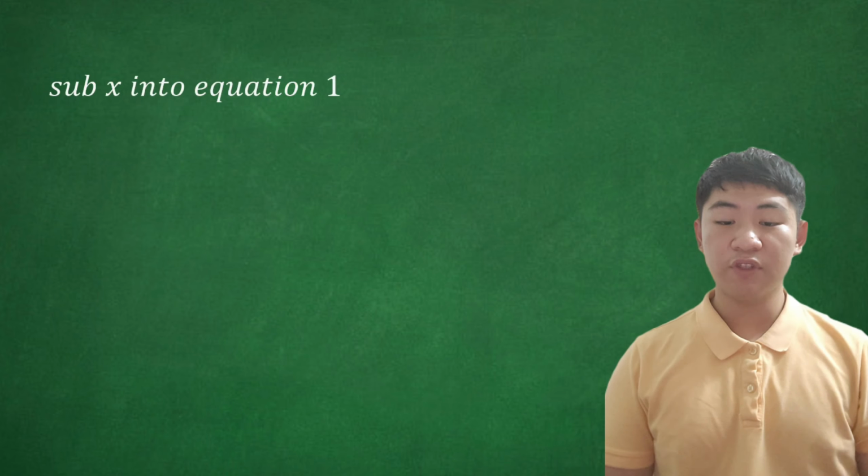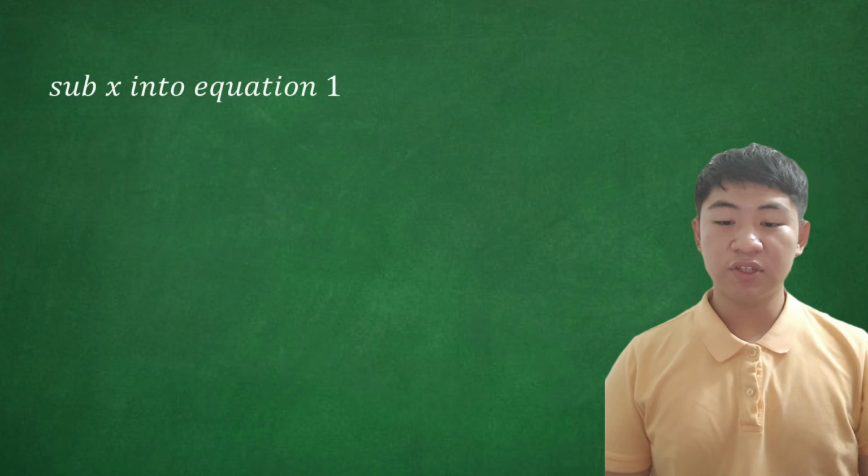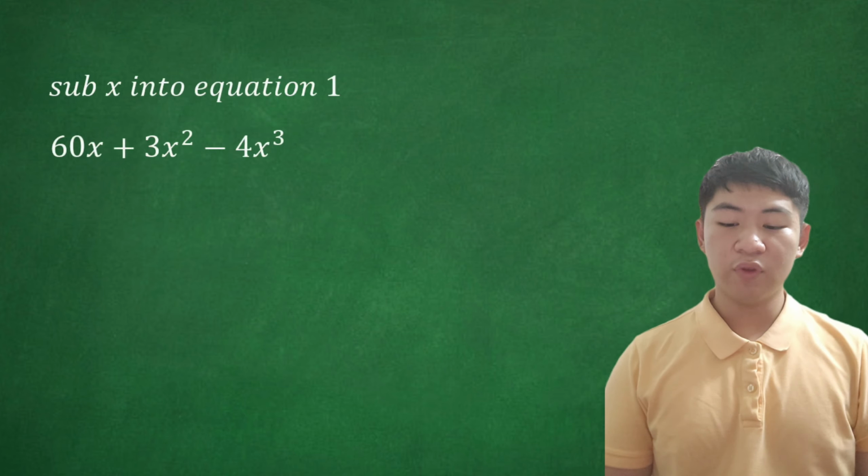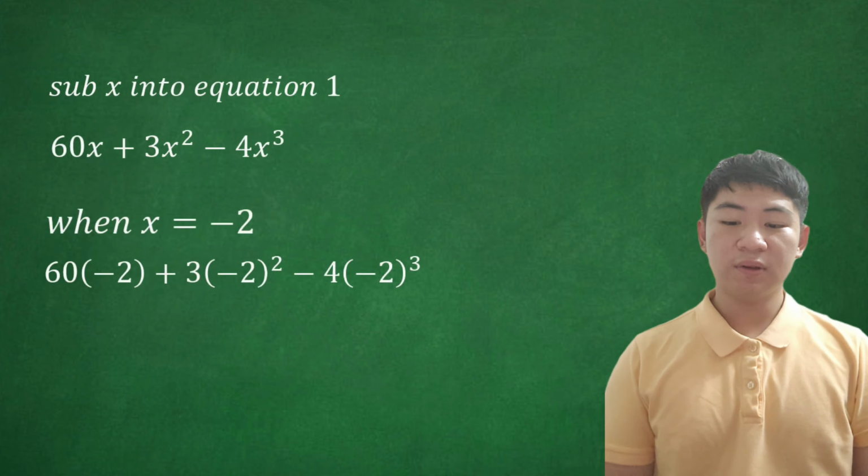Since we know which is positive and negative, we can use those x values and put them into our first equation, 60x plus 3x squared minus 4x cubed. When x is negative 2, it is 60 times negative 2 plus 3 times negative 2 squared minus 4 times negative 2 cubed. We get negative 76. When x is 5 over 2, we do the same thing and we get 106.25.